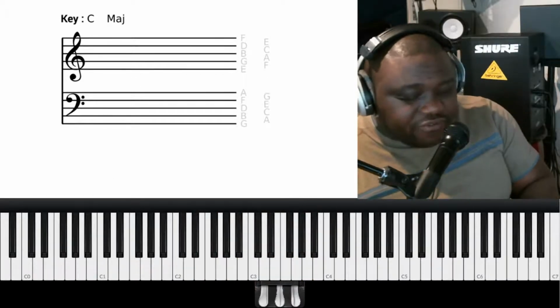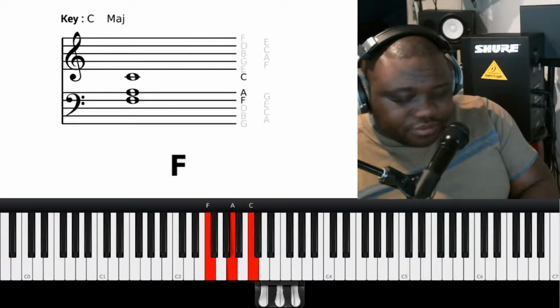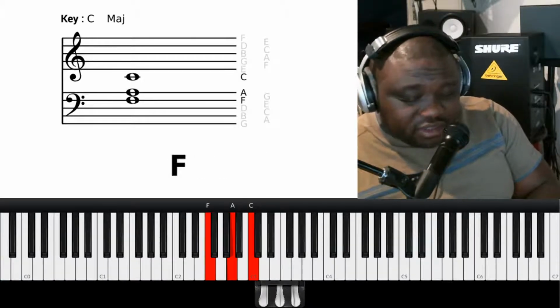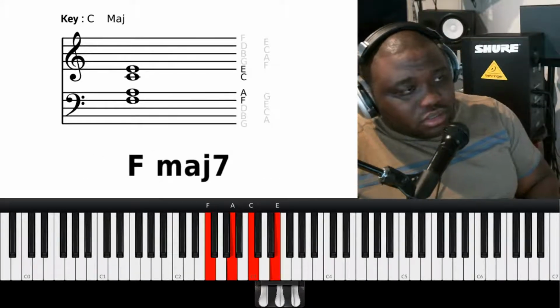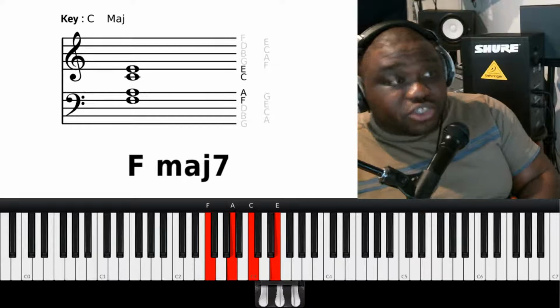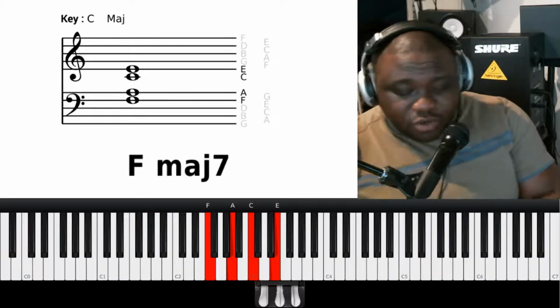If we were to do something like F, and we wanted to play the 7th, right, like that, and we wanted to do the extension of that, right?